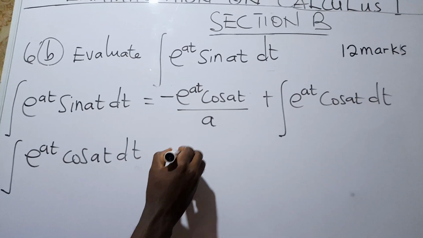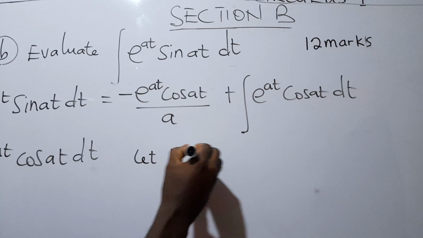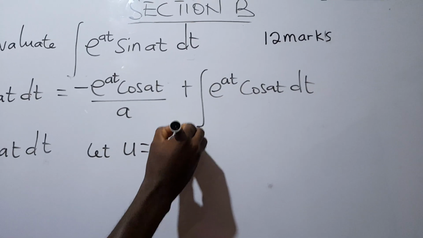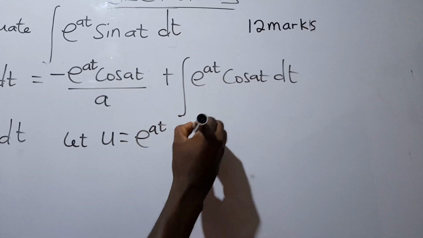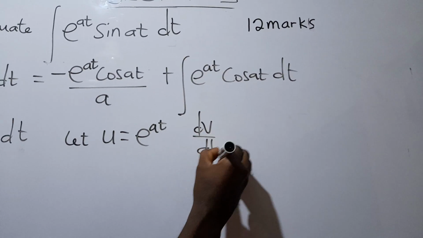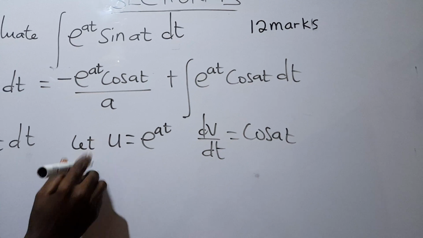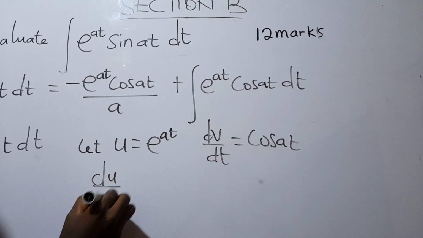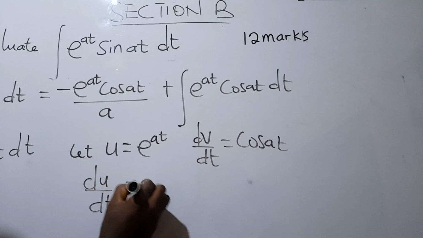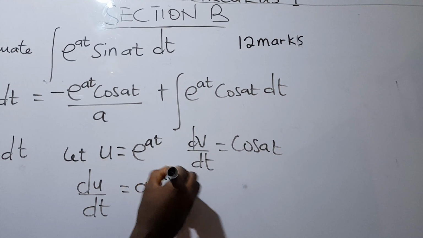Again, let u be equal to e^(at) and dv/dt to be equal to cos(at). When we differentiate this, that's du/dt, we'll get a e^(at).